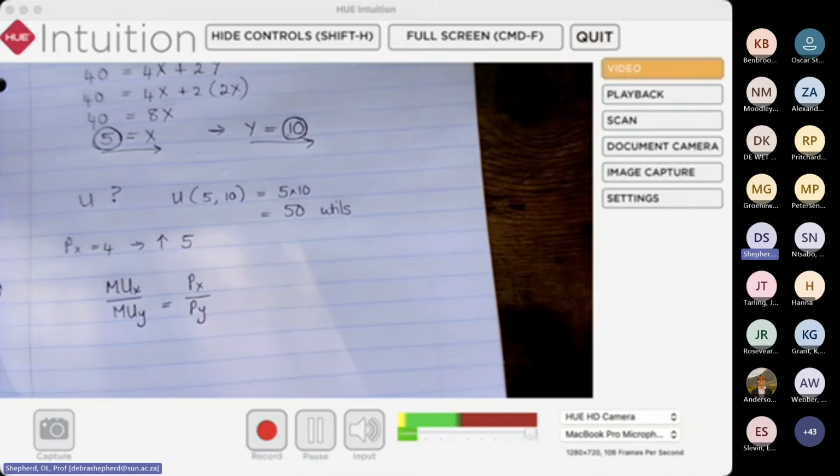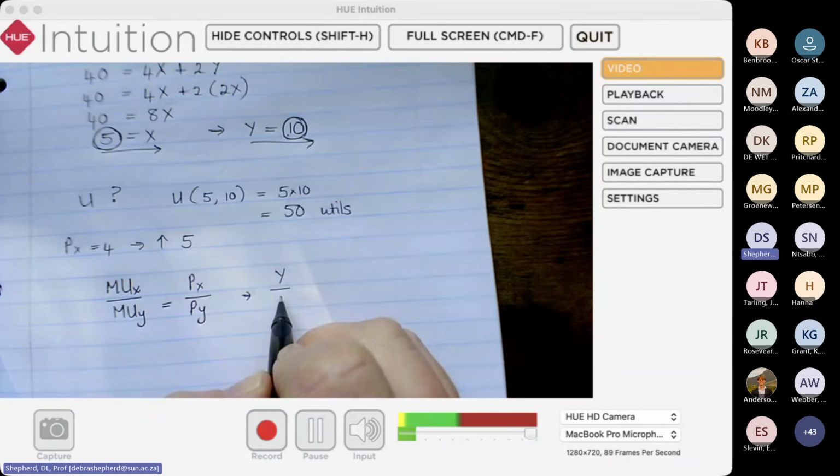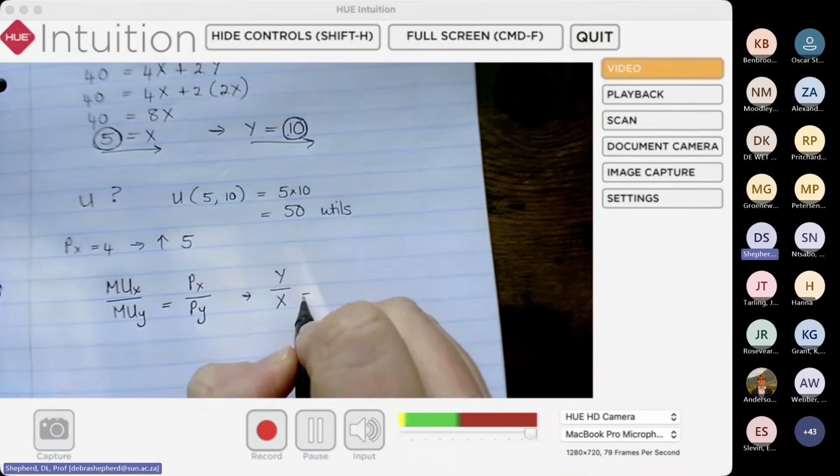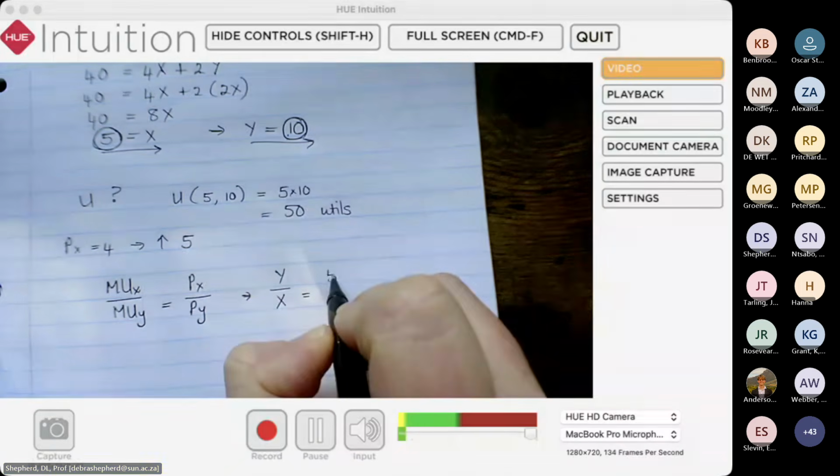Her utility function is still the same, which means MUX is still Y and MUY is still X. But now her price of X is 5 and her price of Y is 2.